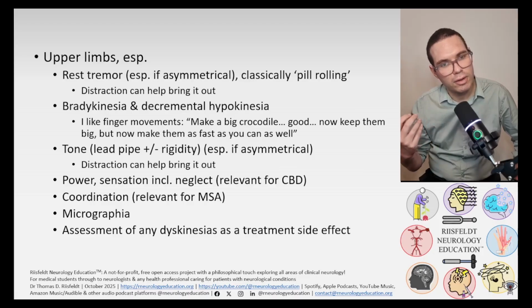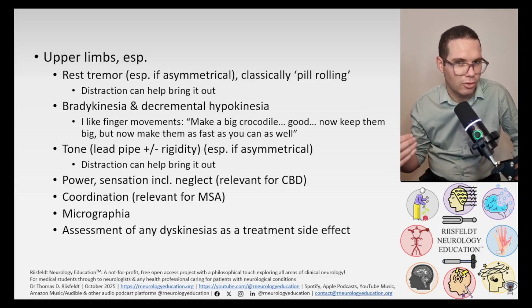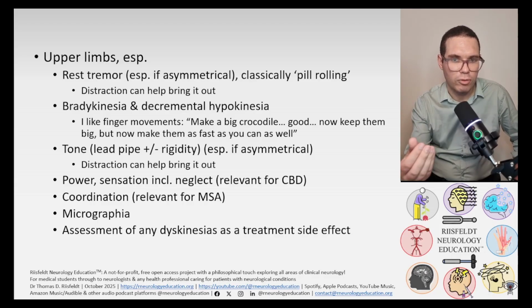And conversely, if there's symmetry right from the beginning, then that may suggest a competing extrapyramidal syndrome, such as one of the Parkinsonian plus syndromes or perhaps a secondary Parkinsonian syndrome. Classically, the tremor has the morphology or the semiology of a pill rolling tremor. So it looks like the patient is rolling a little pill in their fingers.